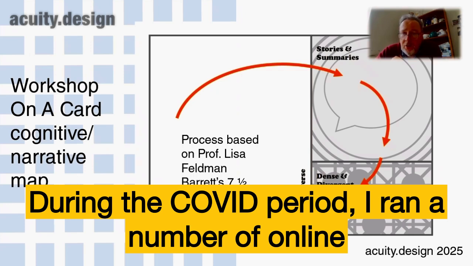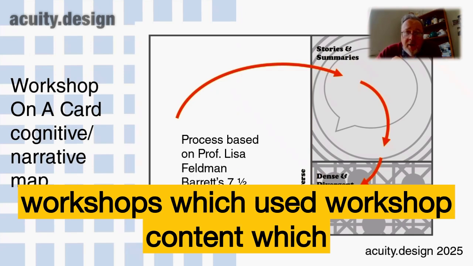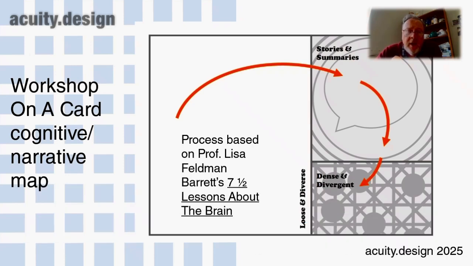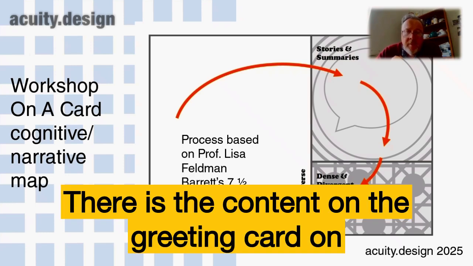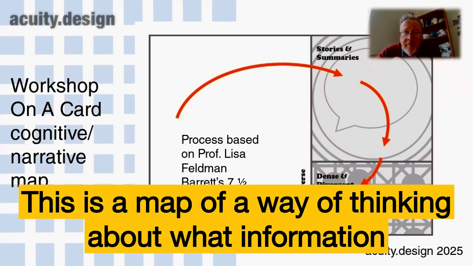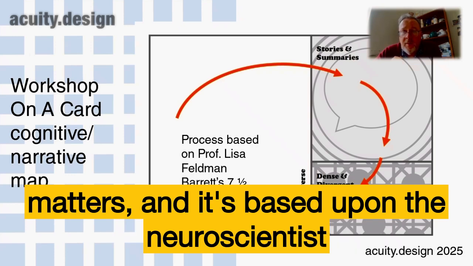During the COVID period, I ran a number of online workshops which used workshop content, which was delivered on greeting cards. There is the content on the greeting card on the outside, but inside there was this cognitive map. This is a map of a way of thinking about what information matters.